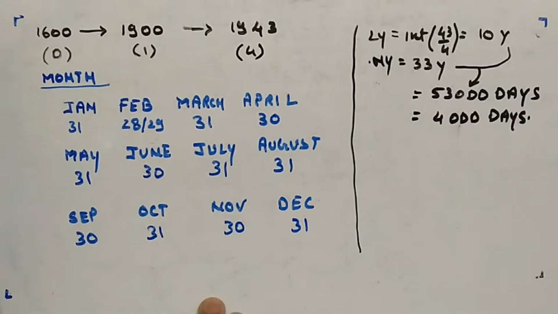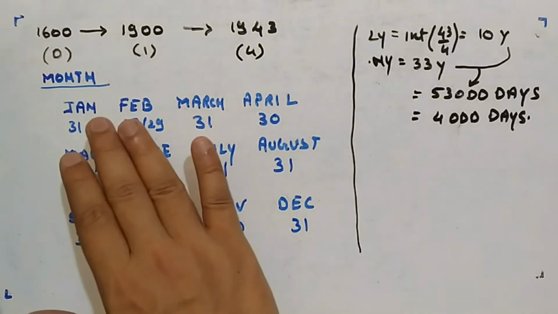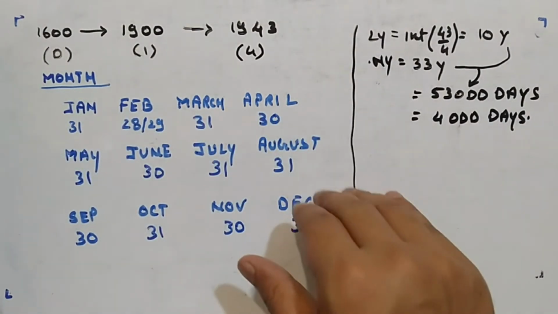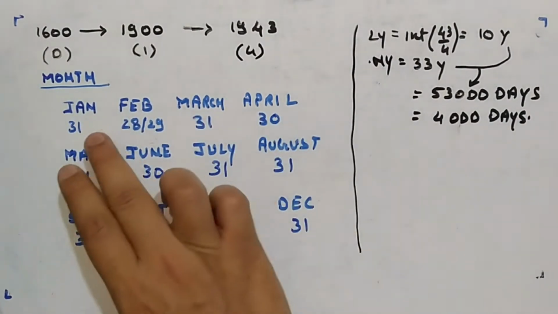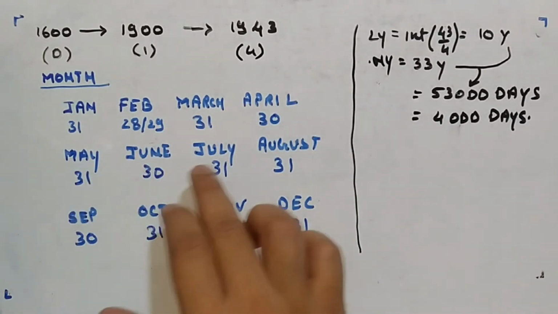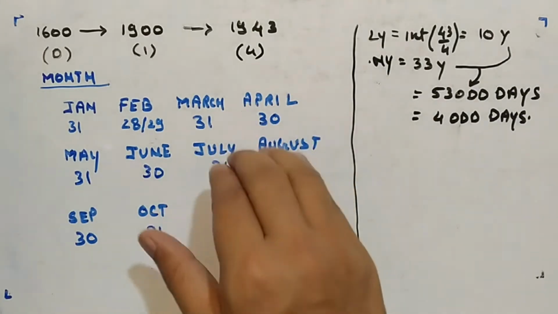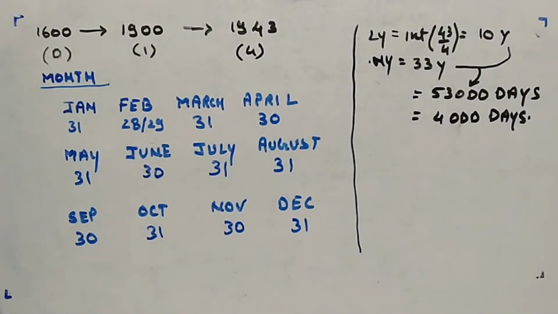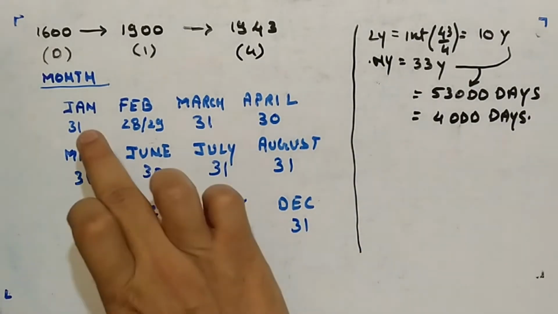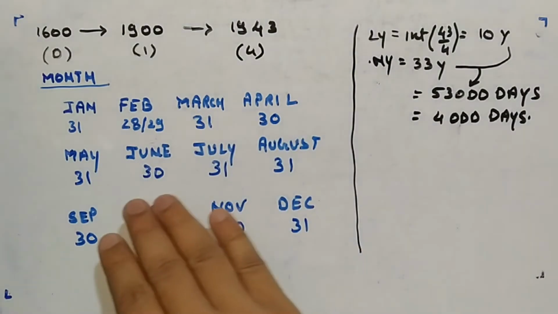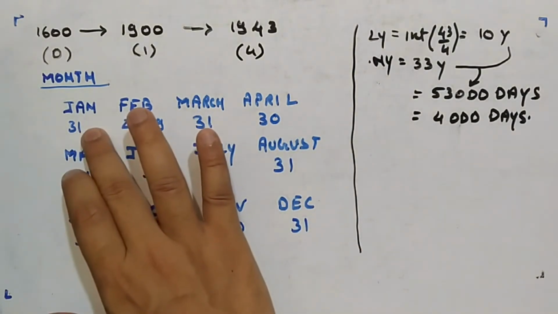First I will give you the idea that we have 12 months: January, February, March, April, May, June, July, August, September, October, November, December. 4 into 3 is 12. Each month's days are given. January has 31 days.